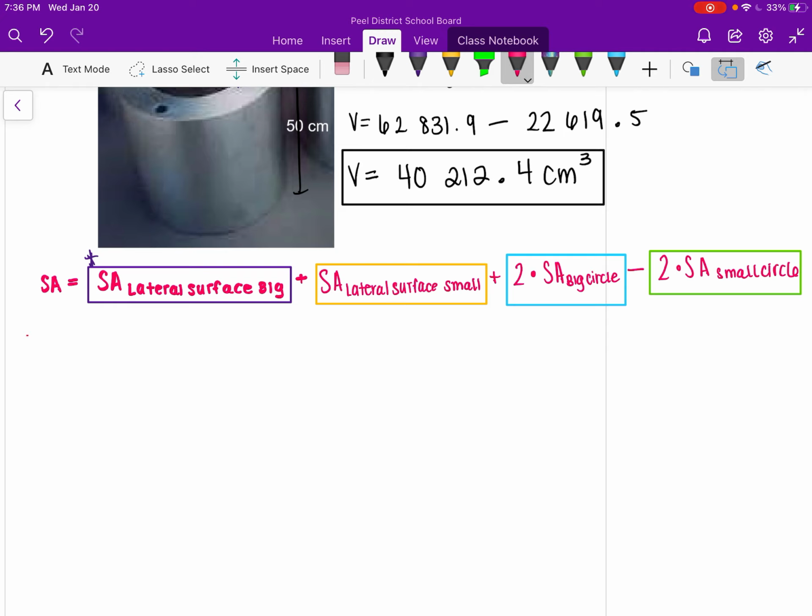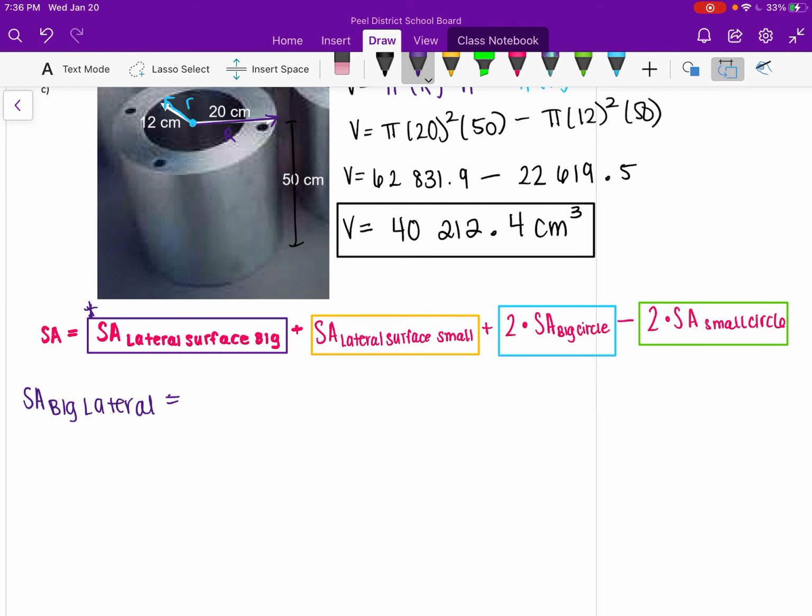So I'm going to say, okay, surface area of the lateral surface. So let's do the purple one first. Surface area of the big lateral surface, right? So surface area is going to be 2 pi big R h, right?